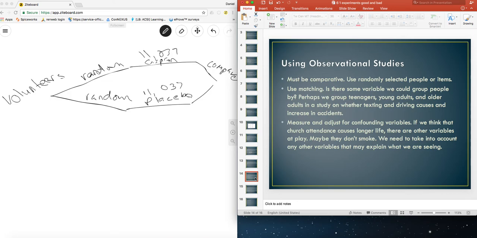Confounding variables is something we talked about before Christmas break, and that is something else that's going on. We used the example that people in third world countries have fewer TVs than people in America, and they also die a lot younger than in the United States. So we said, is it reasonable to say that owning lots of TVs will make you live longer?